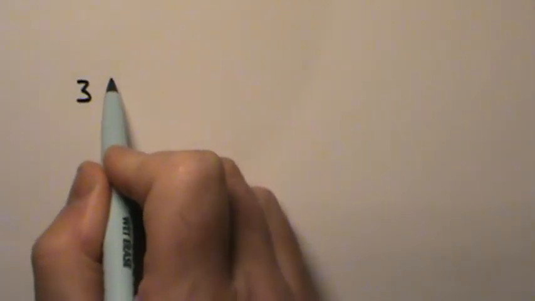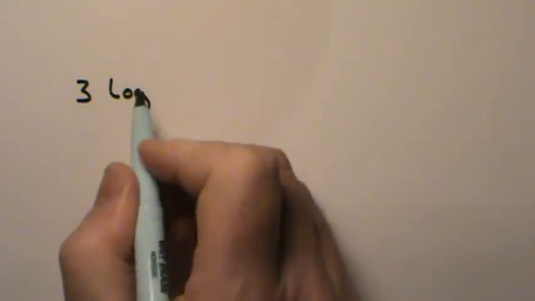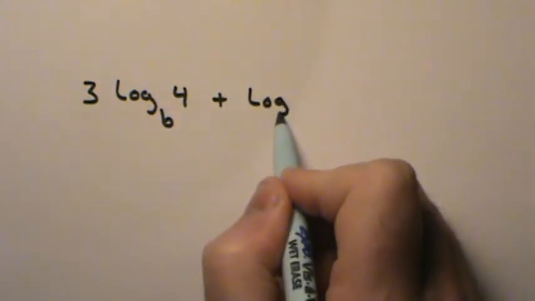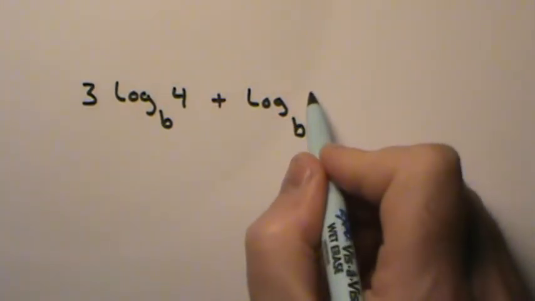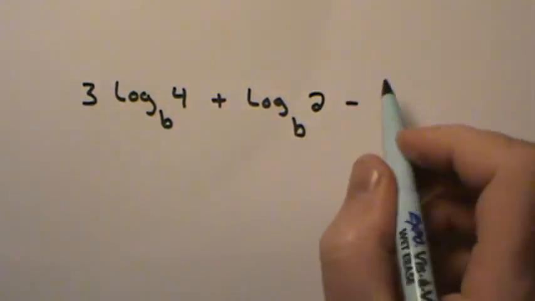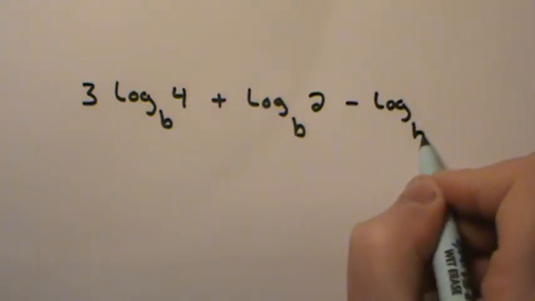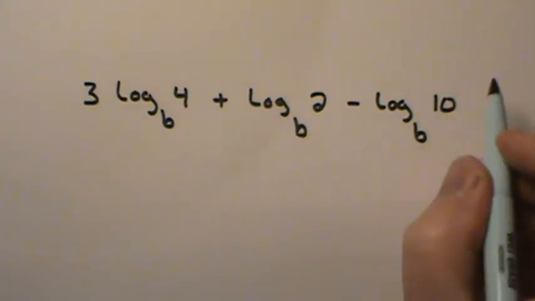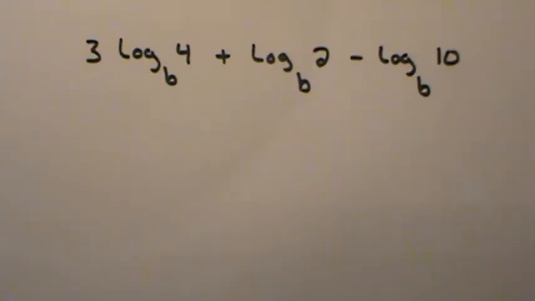How about I say 3 log base b, we'll just call it b, we'll keep it generic, of 4 plus log base b of 2 minus log base b of 10. And we just want to simplify that.